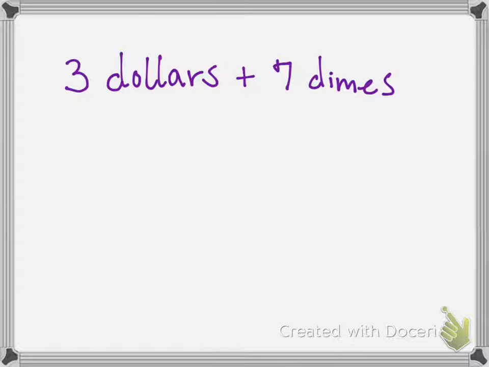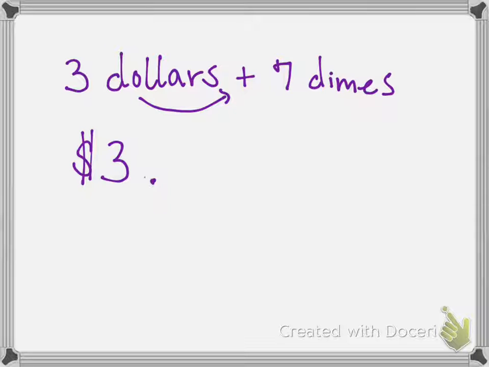The next example says $3 plus 7 dimes. Oh, that's interesting. In the previous problem we had pennies or hundredths, and I don't see that here. So I wonder how this is going to look as we put the amount with a dollar sign and a decimal point. Well, I see $3, so I need to put my dollar sign, and I put a number 3. After the dollar sign comes the decimal point.